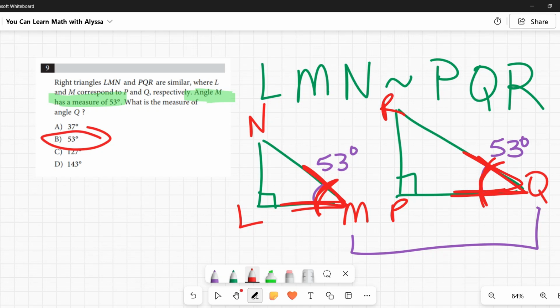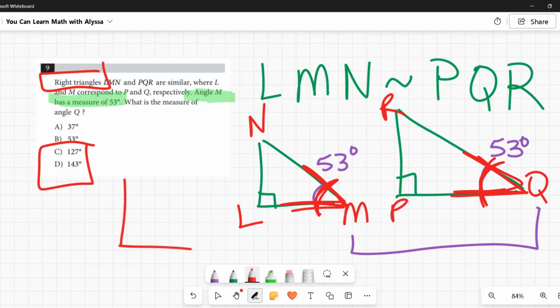And just a little side note. For the answers that are provided here, these two answers of being 127 degrees and 143 degrees, both of these are impossible as soon as you find out that they are right triangles. In a right triangle, always, always, always, the largest angle is 90 degrees. You cannot have an angle larger than 90 degrees in a right triangle.